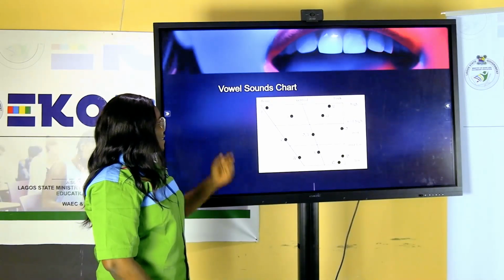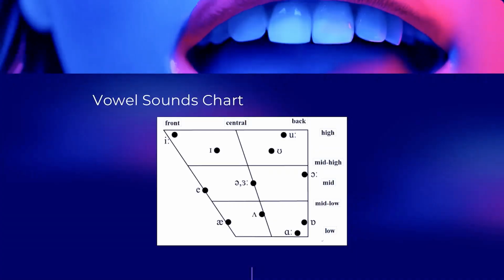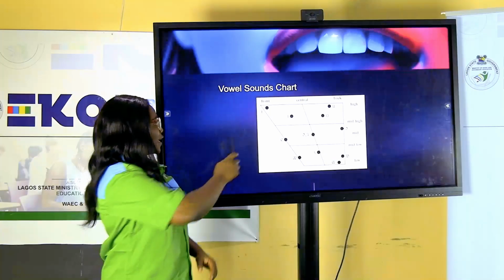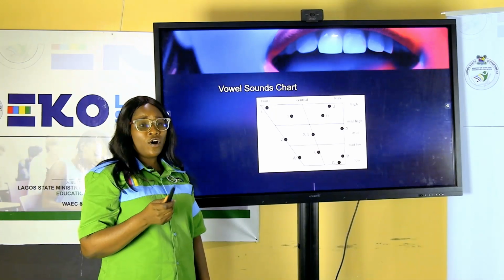Now, this is the vowel sound chart. What we have here is just not a drawing. What we have here is actually the tongue and what happens in the mouth when these sounds are produced. Here, where we have front, is actually the front of the tongue.